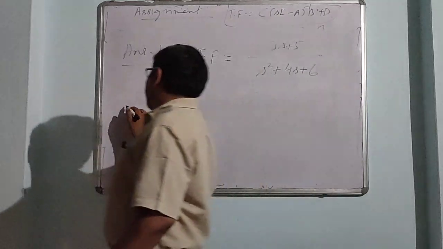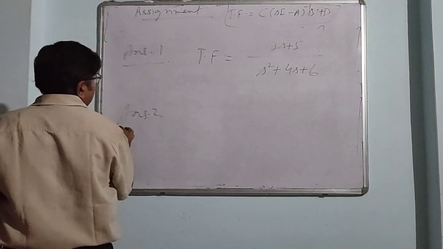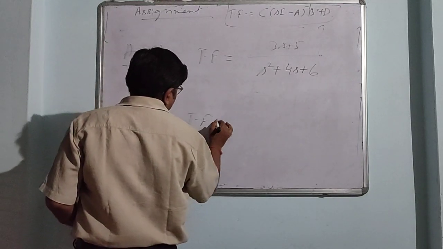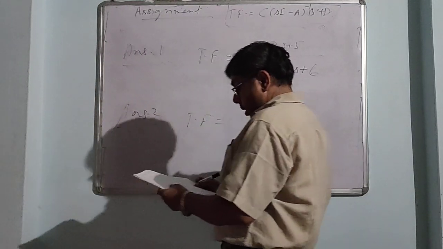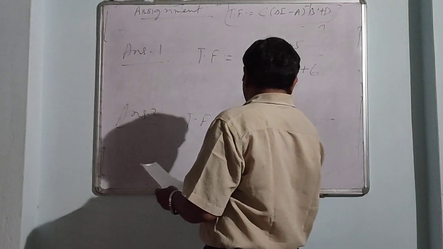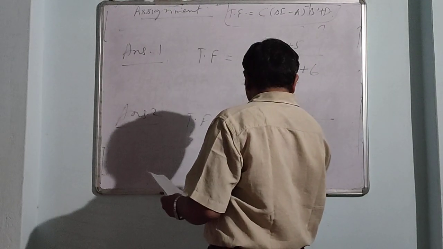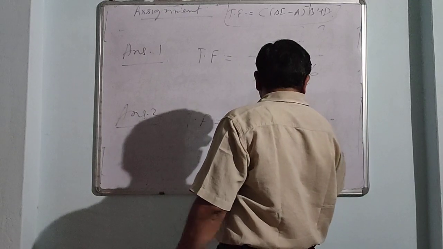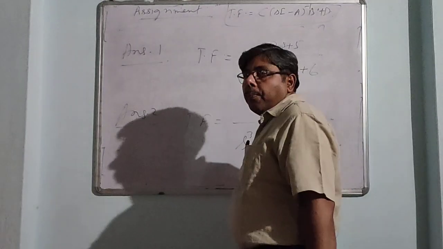And for the second problem, the transfer function is given by 10 upon s cube plus 5s square plus 2s plus 3.